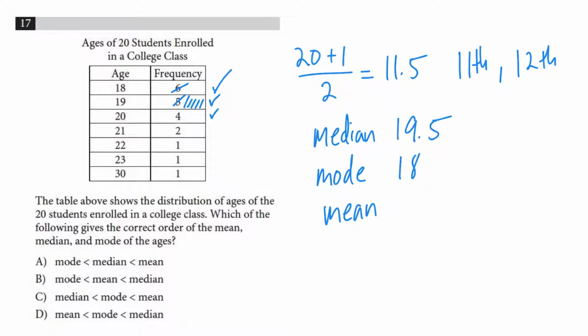Okay, so let's pull up a calculator here. So we're going to have 18 times 6. There are 6 in that category.